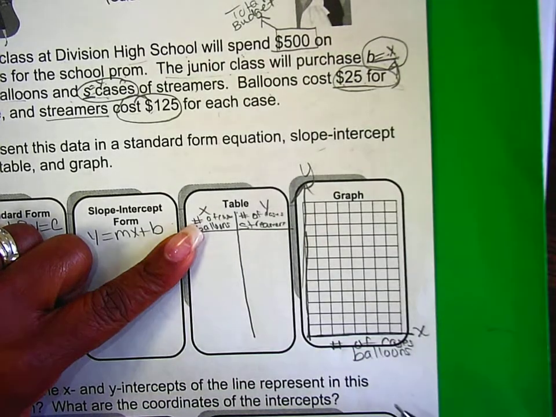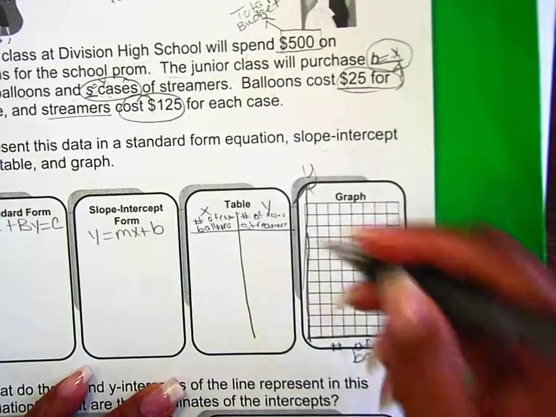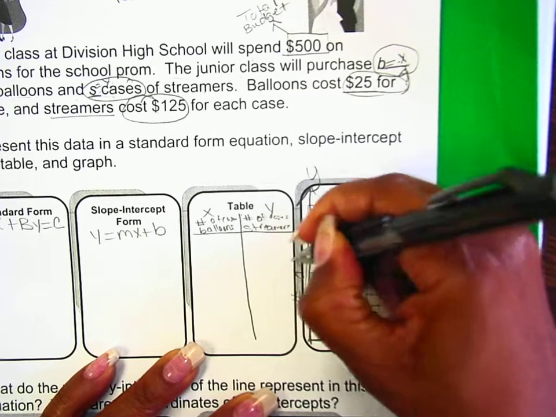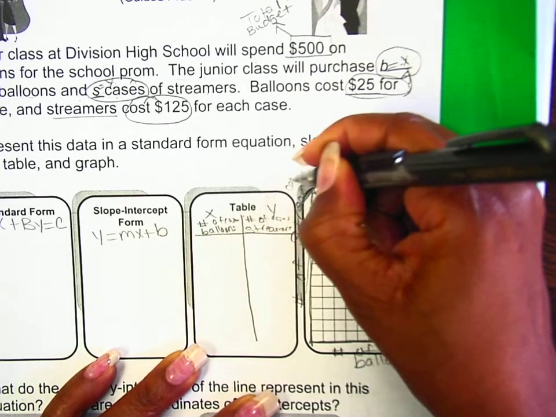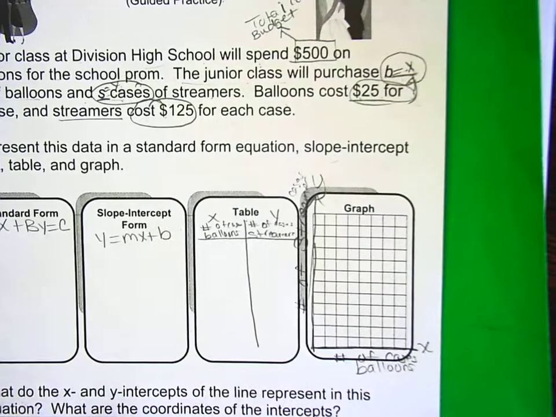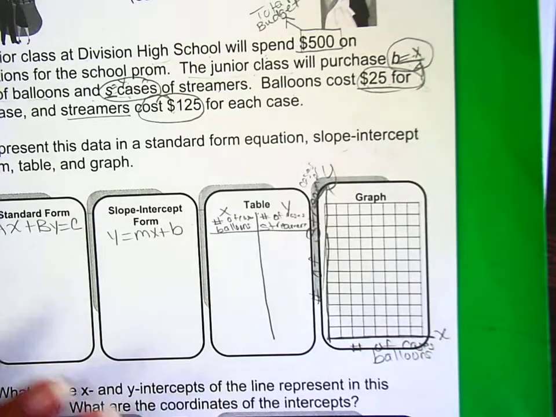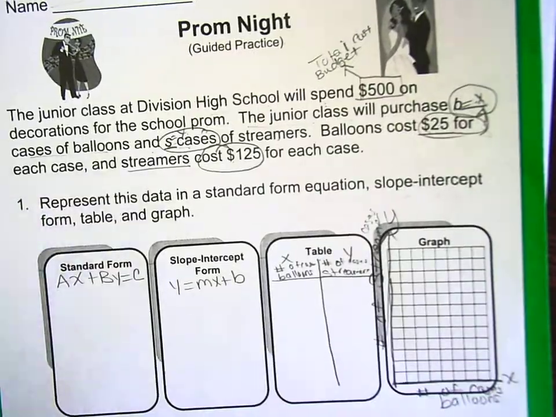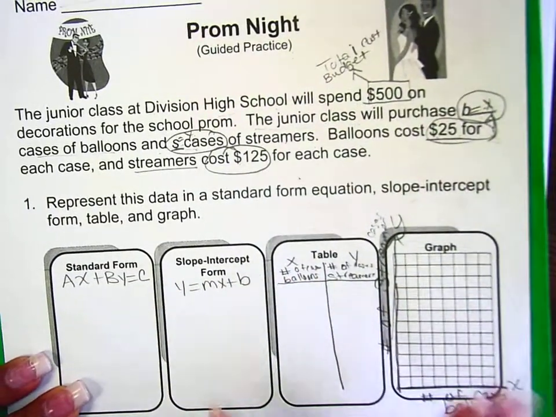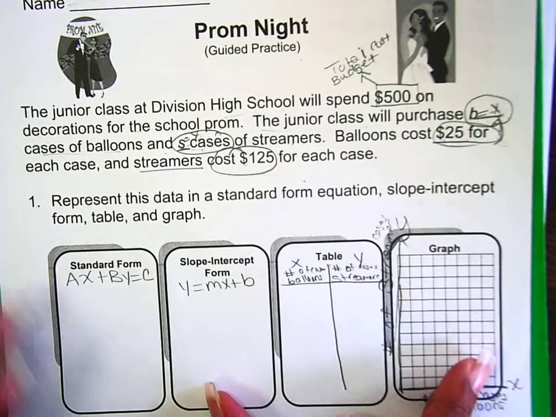Here, this will be the number of streamers, and the unit is cases. You'll probably write it better than me because you guys write a little neater and smaller. So now I've written down the information that's going to help me complete this process.